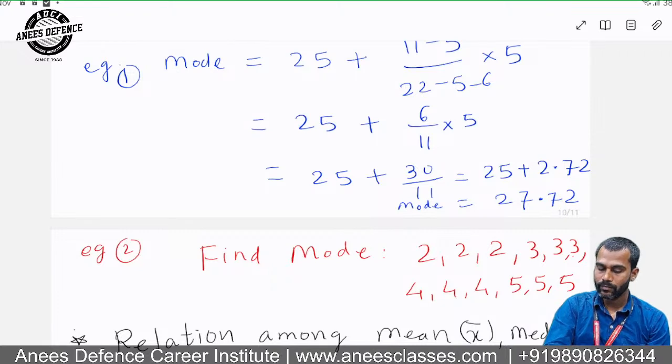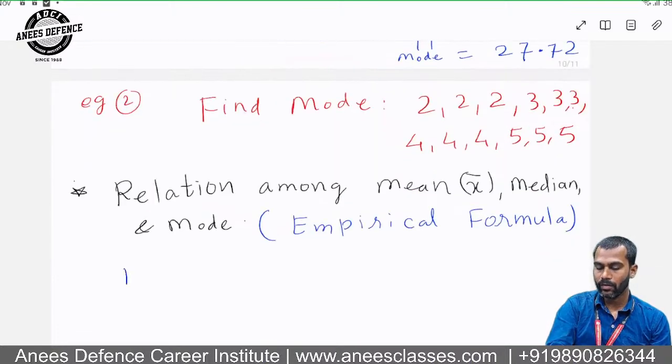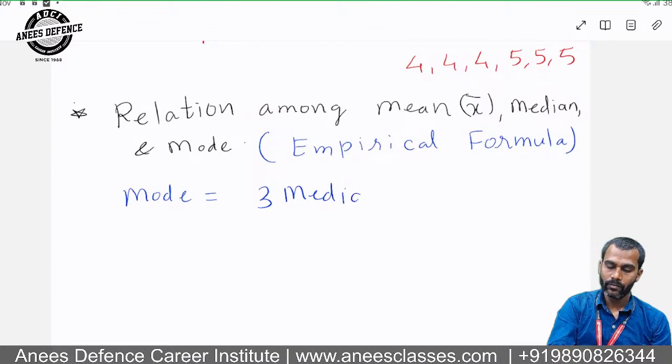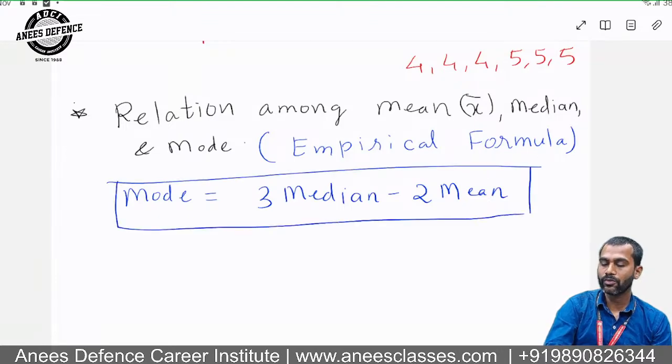That is also known as the empirical formula. What is the empirical formula? Mode is equal to 3 median minus 2 mean. Yes or no? Mode is equal to 3 median minus 2 mean.